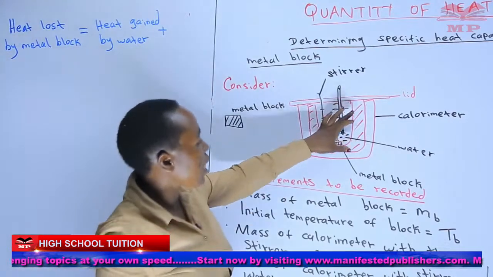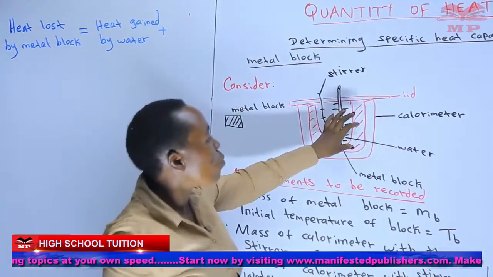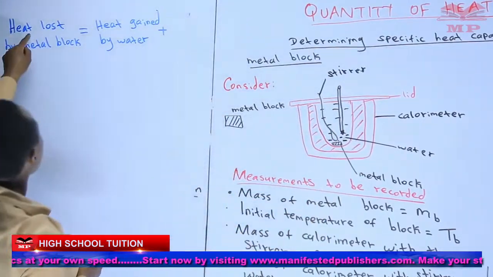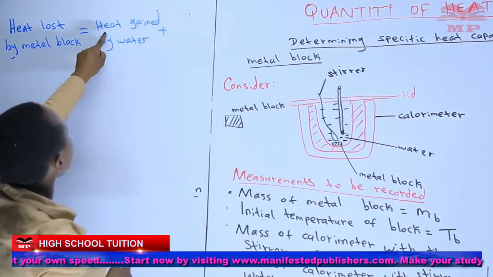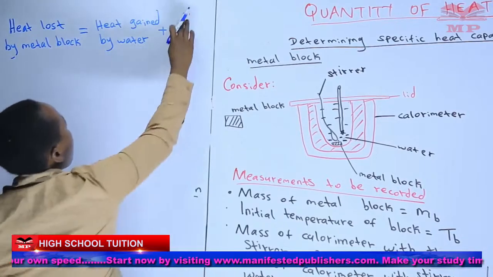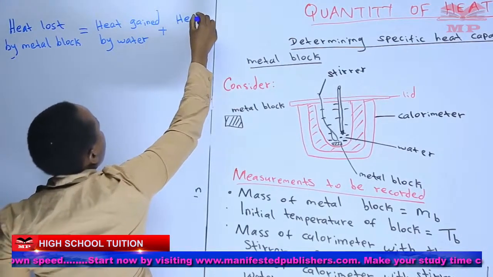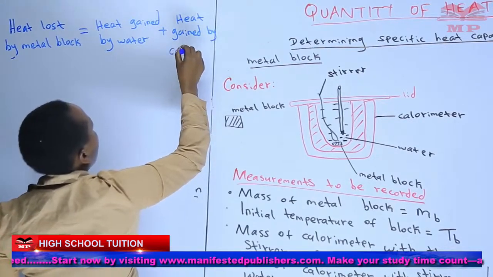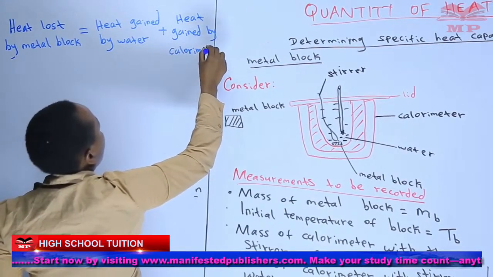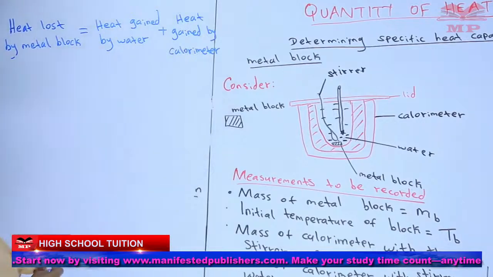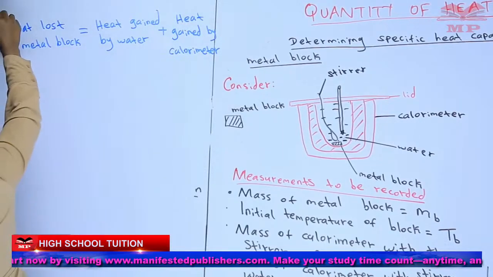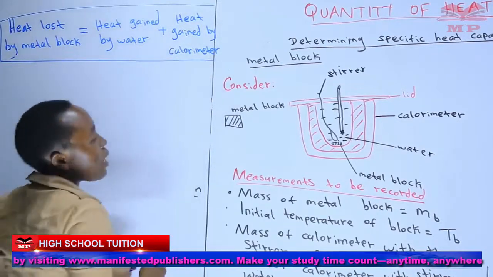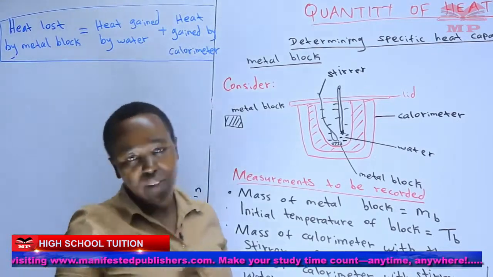But as we have seen, the calorimeter will minimize heat loss to the surrounding. So heat lost by the metal block is equal to heat gained by water plus heat gained by calorimeter. Make note of that.